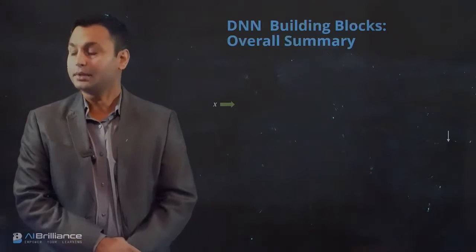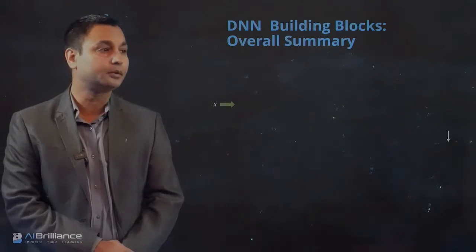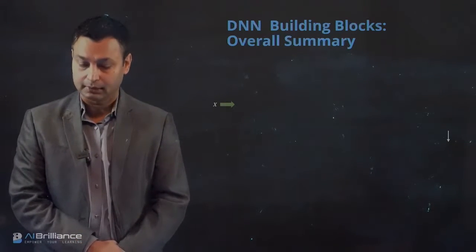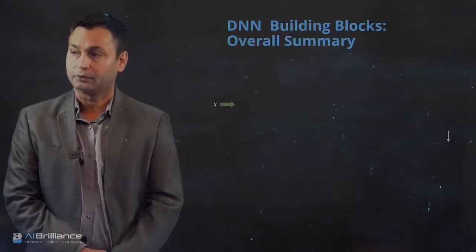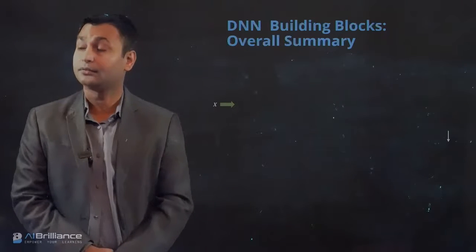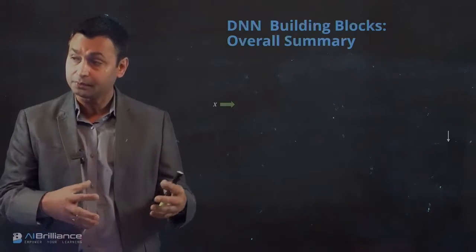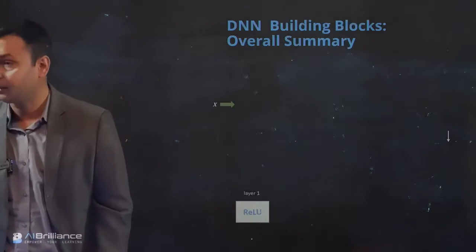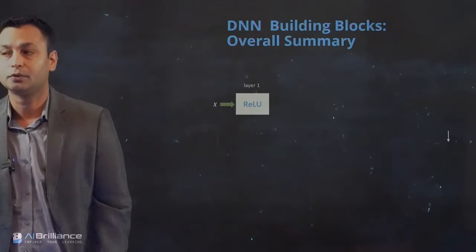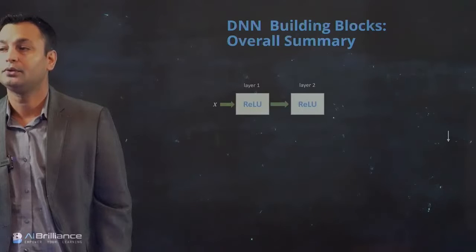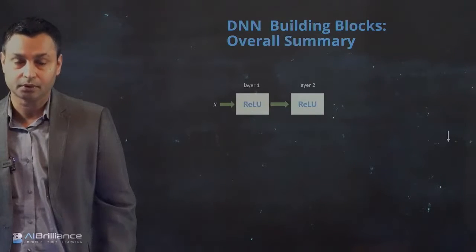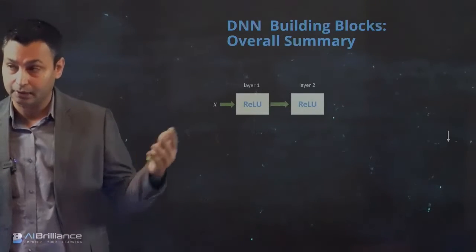Okay. So let's talk about some of the other main aspects of the overall neural network. Let's summarize all of this. In terms of a computational block, you have the input, and in the forward pass you might have some activation function at a given layer. You do the linear combination or Z computation, and then pass on to the ReLU function.